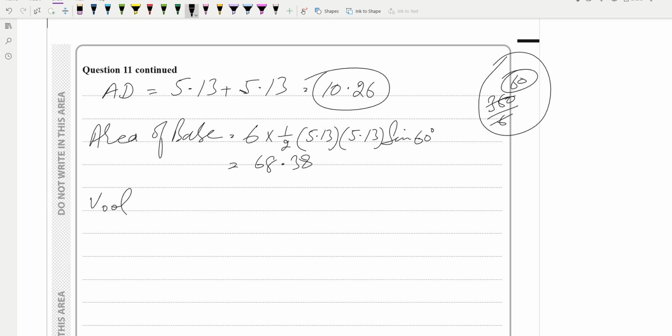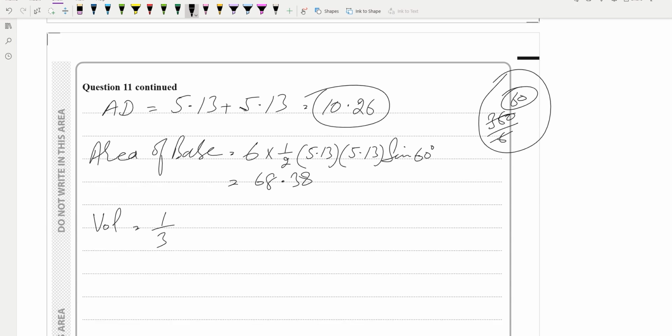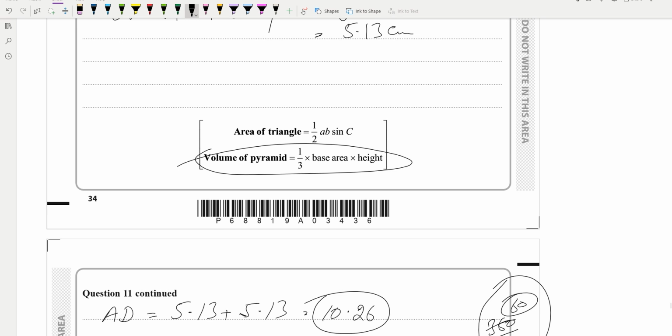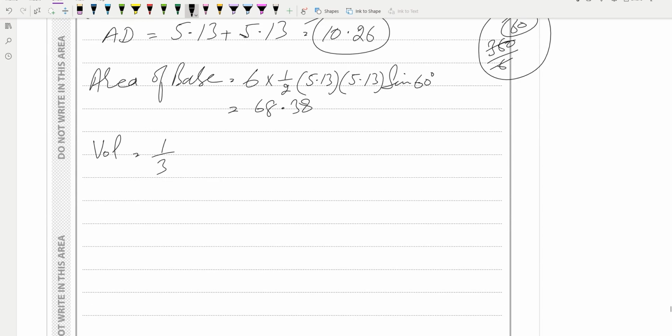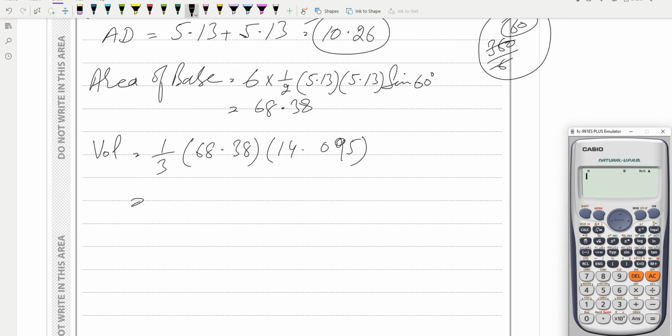So the volume of the pyramid, this formula is given, is 1 by 3 into base area, which we calculated as 68.38, multiplied by height, which we calculated as 14.095. So 1 over 3 into 68.38 multiplied by 14.095 will be equal to 321.27.